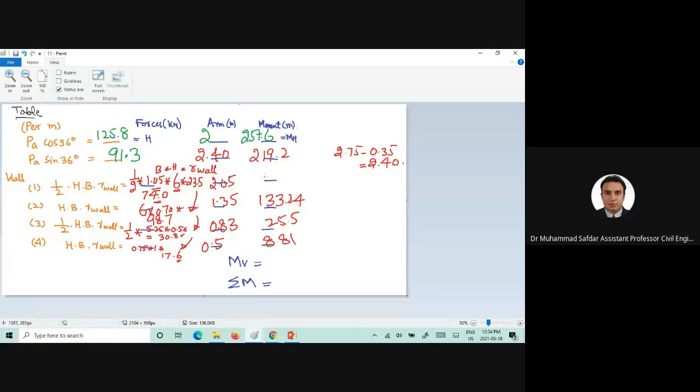How about the first one? 151.7. 151.7. Okay, just to make a correction, I have a value of 251 here instead of 257, so I would say 251.6 here.